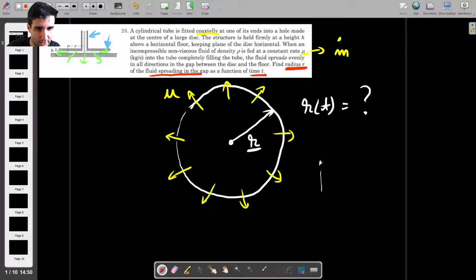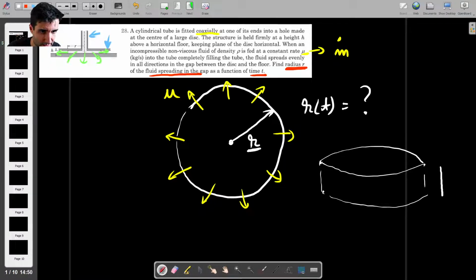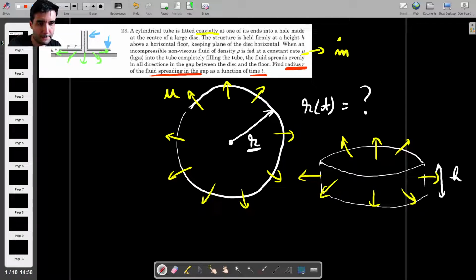What we're dealing with is a cylinder which has a height h, and the fluid is flowing out in all directions.